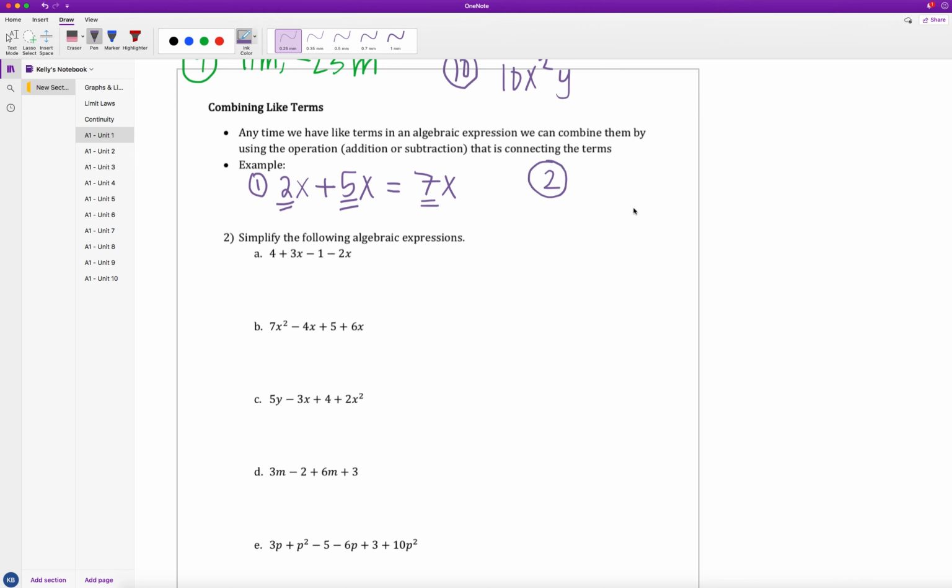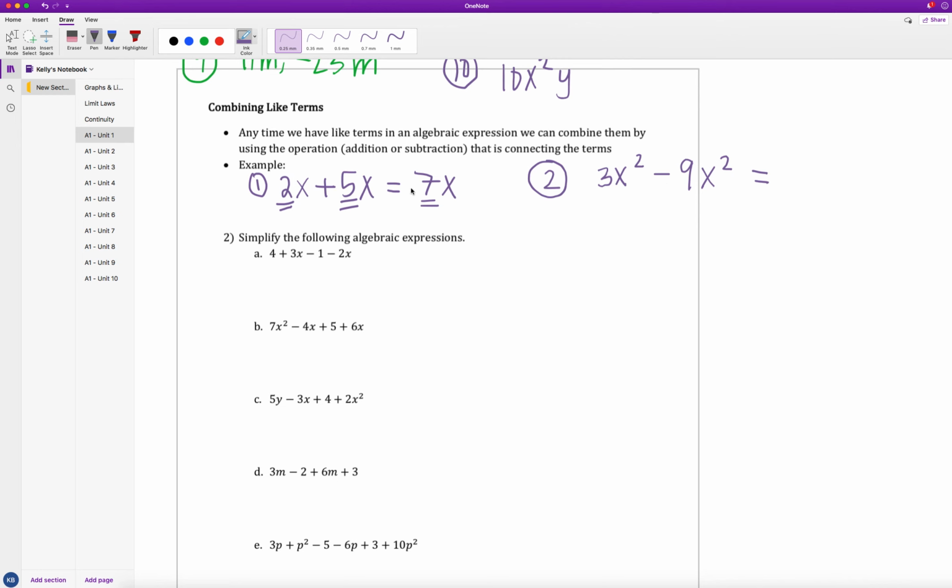Let's look at a second example. What if we have 3x squared minus 9x squared? Again, we do have like terms because I have the same variable. They're both an x squared. In this case, we're dealing with subtraction since I'm subtracting 9x squared in this problem.